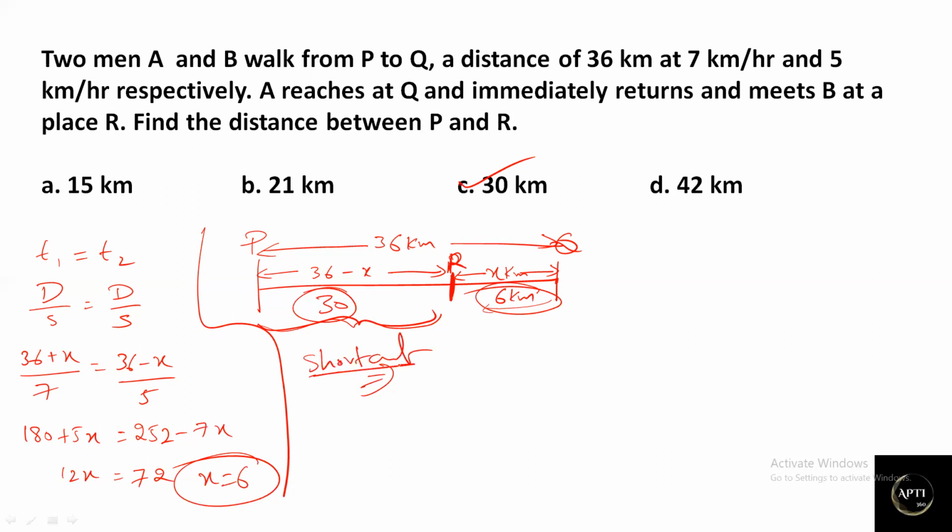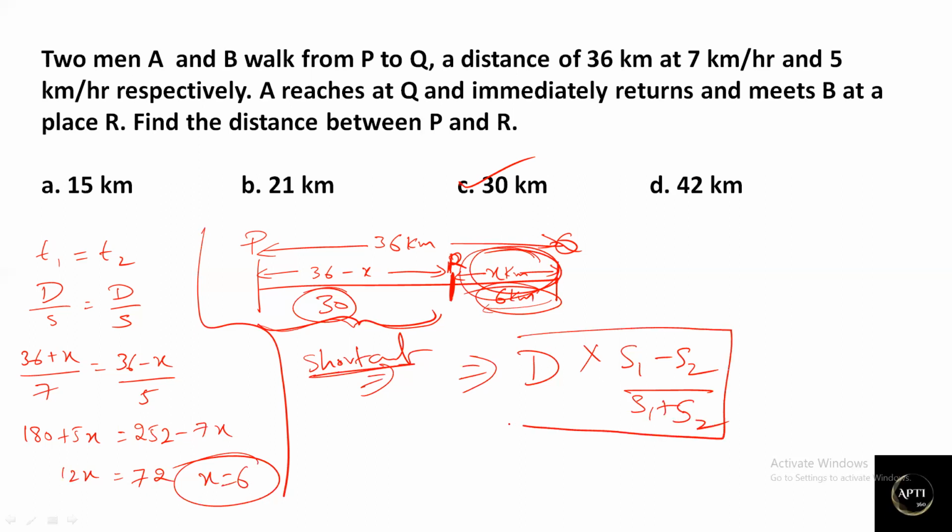In similar questions, to find the value of x, meaning how much extra he traveled, it equals the total distance given in the question times s1 minus s2, divided by s1 plus s2. If you remember this, it is an important shortcut, applicable for almost all questions in this category.